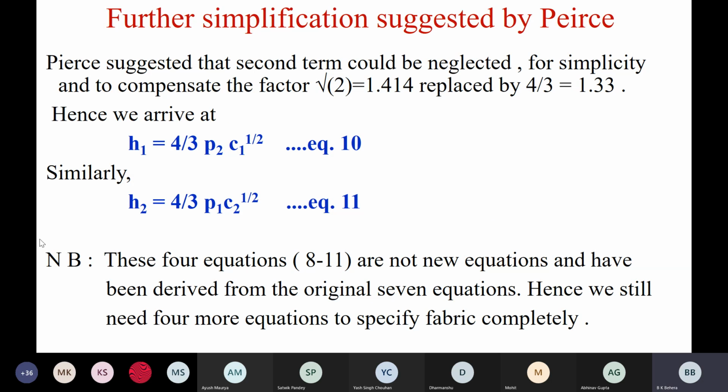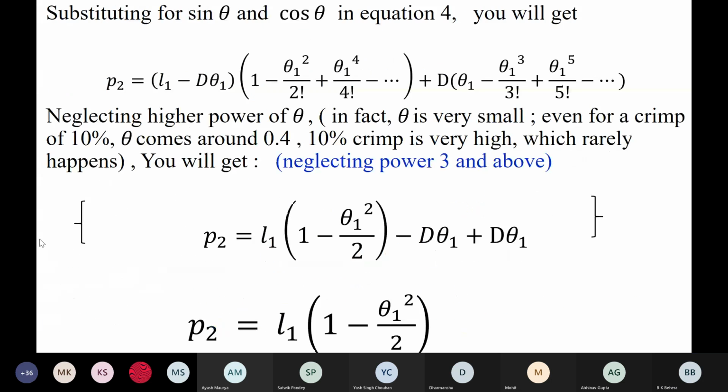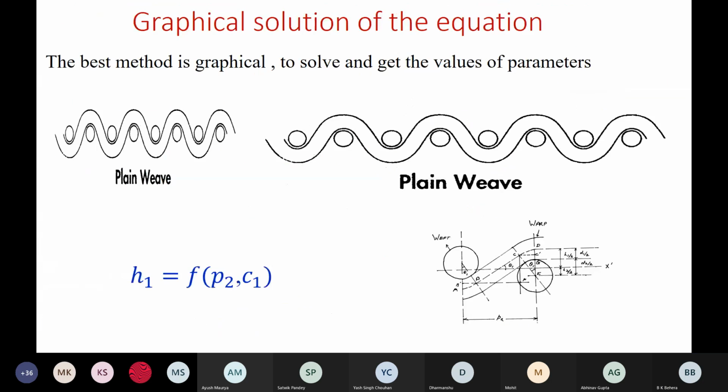Recall what I said earlier. Crimp height is a function of spacing and crimp percentage or crimp value in the warp and weft yarn.